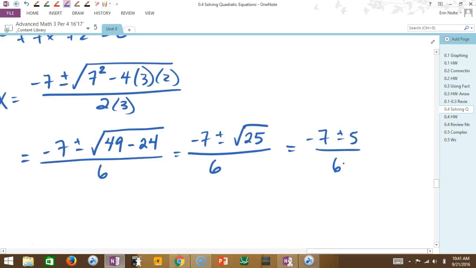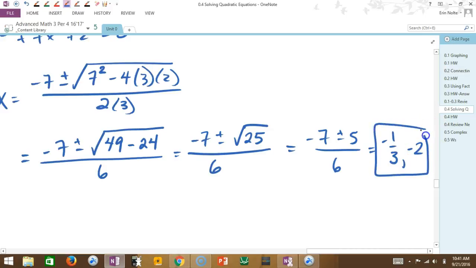Now we have to split this and get our two different solutions. We have negative 7 plus 5, which is negative 2. And what's negative 2 divided by 6? Negative 1/3. Very good. Then the minus version: negative 7 minus 5 is negative 12, and negative 12 over 6 is negative 2.